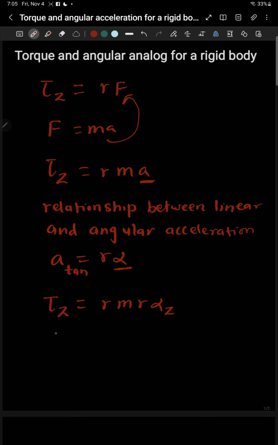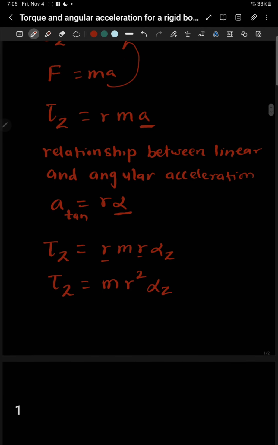Just rearranging this equation, tau z is equal to m, there are two r's over here, so I can write mr squared and then alpha z. If you look very carefully, this mr squared is I, which we call moment of inertia. So tau z about z axis equal to I alpha z.